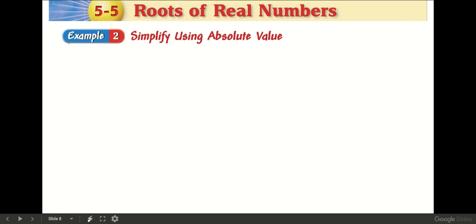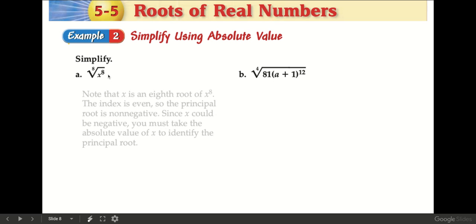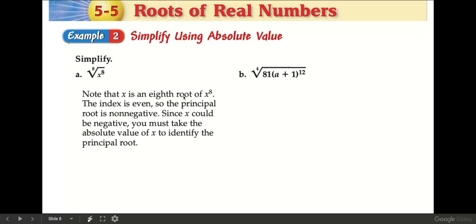So let's use simplifying using absolute values here. So here I'm simplifying the 8th root of x to the 8th. Well, note that the index is even, right? So here's the even index. And the principal root is non-negative, right?